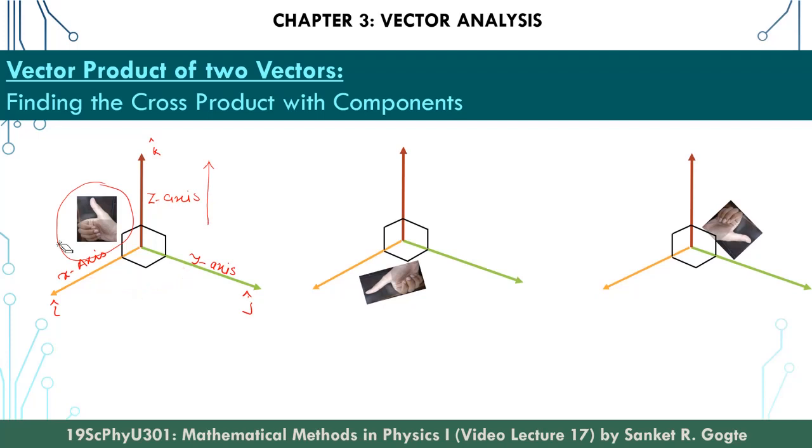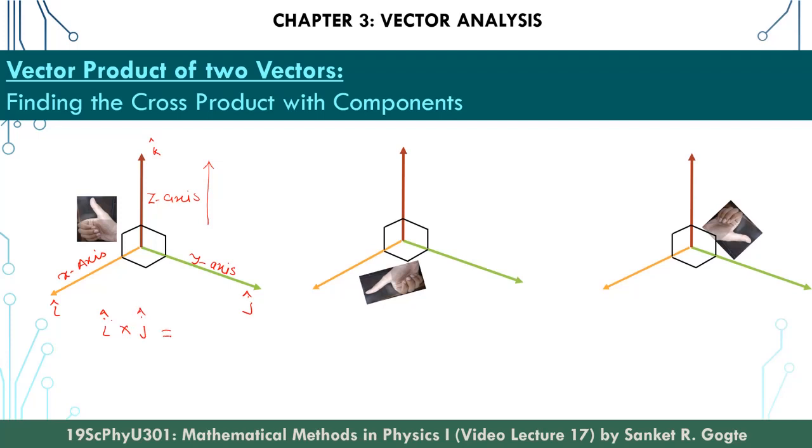It is never the other way around, so it will be wrong for me to assume that this is the y-axis and this is the x-axis. It is wrong because if we rotate from the x-axis to the y-axis, we get the z-axis in this direction, and if we consider that these are the x and y axes, then the z-axis will be in the downward direction. Now here I want to find the cross product i cross j.